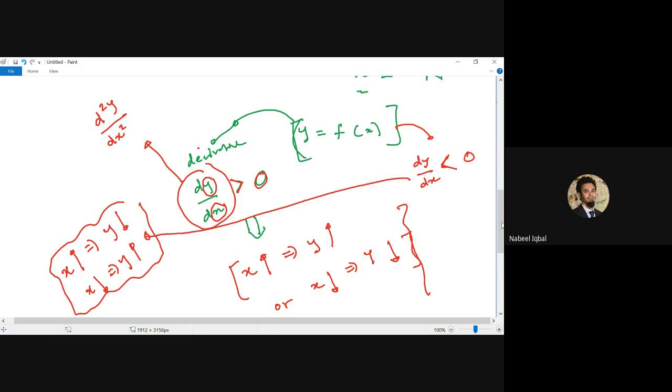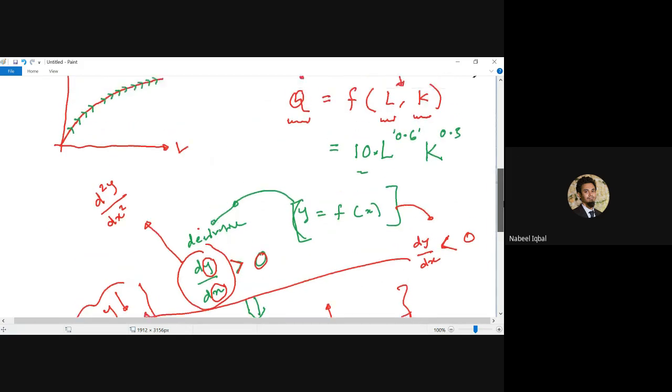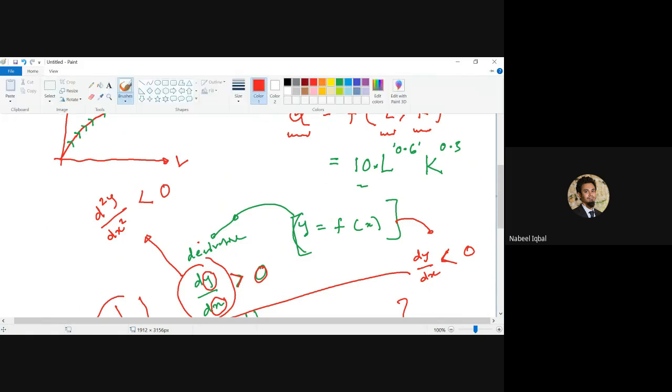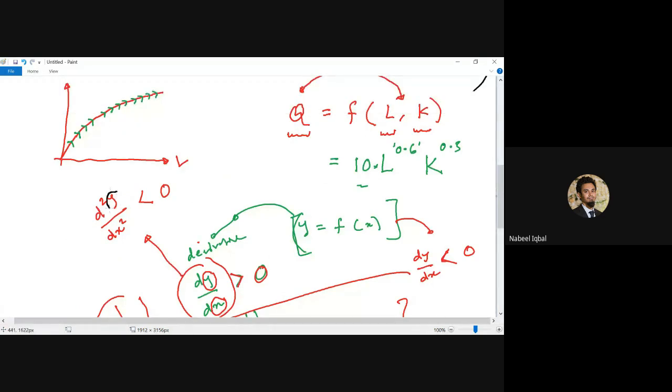So what does the second derivative tell us? Again, it gives you more additional information about the relationship between the variables. For example, if you find out that the second derivative is negative, this actually tells us that this variable y increases. Initially, it increases at a faster rate, but later on, it increases at a lower rate, right?